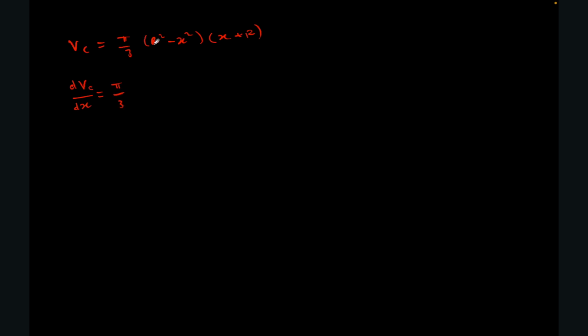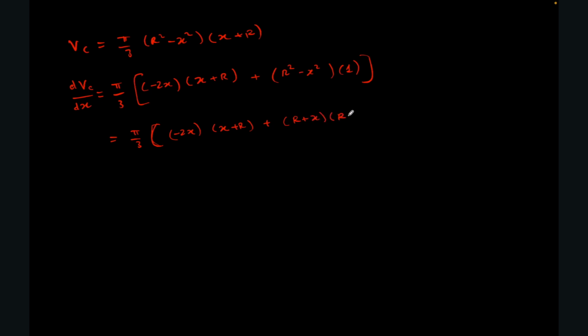I'll first find the derivative of this expression, which is going to be −2x times (x + R), and then I'm going to have (R² − x²) times 1. Just the 1, like this. And I can factor out something in this situation: R² − x² can be written as (R + x)(R − x).